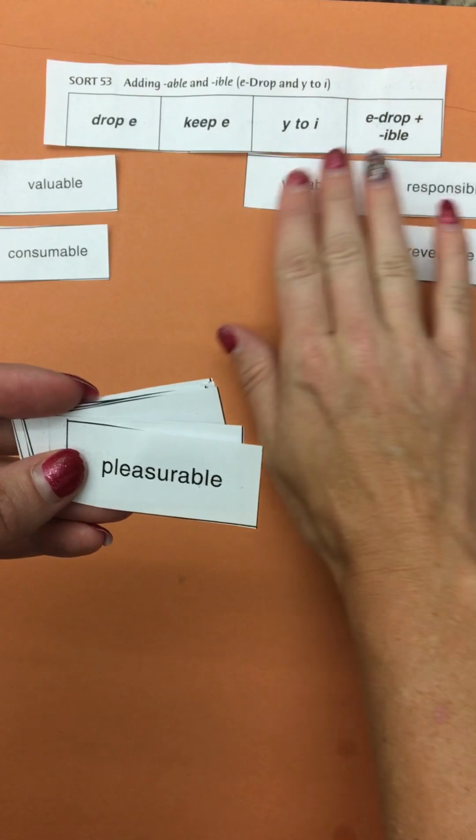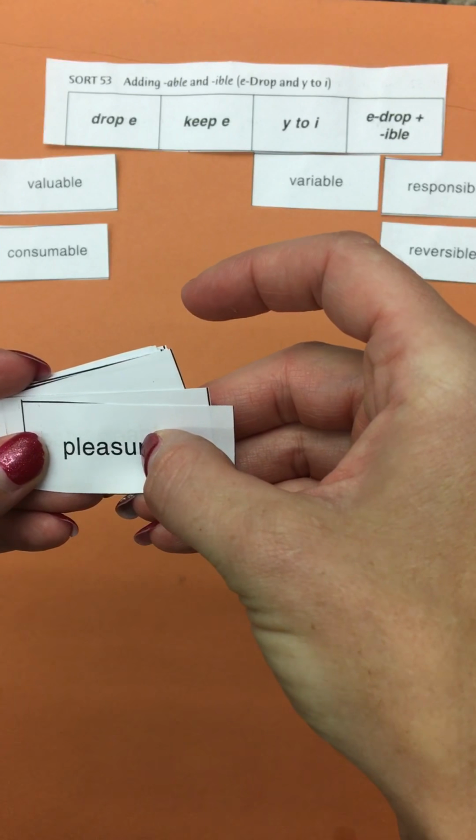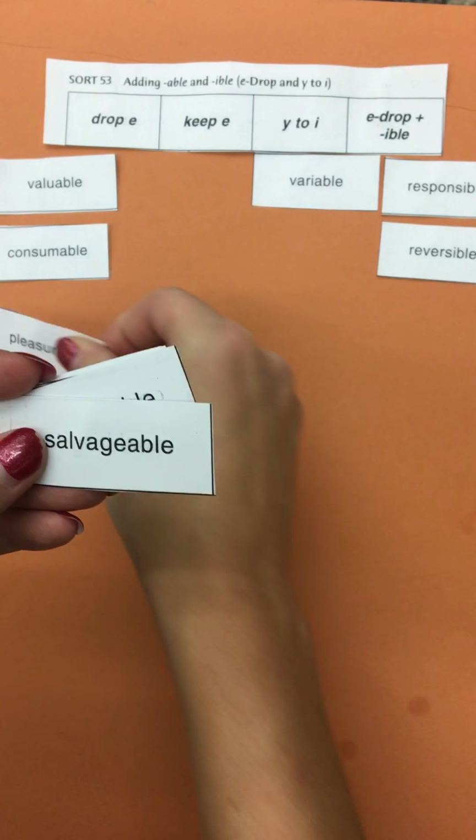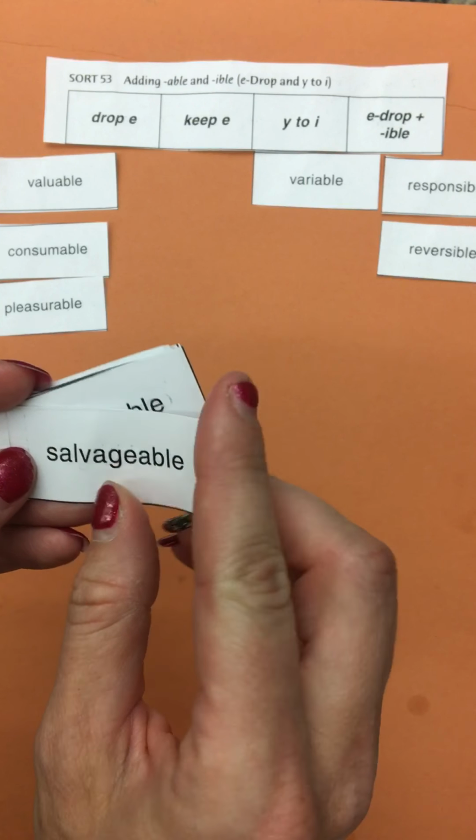We're really going to have to be little detectives here and look at these words. Pleasure dropped an E. Salvageable. So here the E was kept.